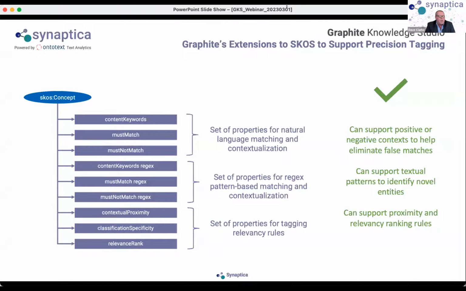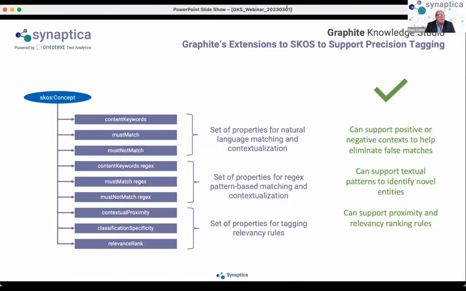I've grouped these into three. I'm not going to go into everything here, but basically the first set gives the taxonomist simple natural language keywords and phrases that they can add to say this is about something, it's not about something. Give the taxonomist the power of pattern-based matching through a simple syntax, well, simple or difficult syntax depends on how experienced you are with it, but regular expressions are widely used in a lot of different businesses to store pattern-based search and matching criteria.